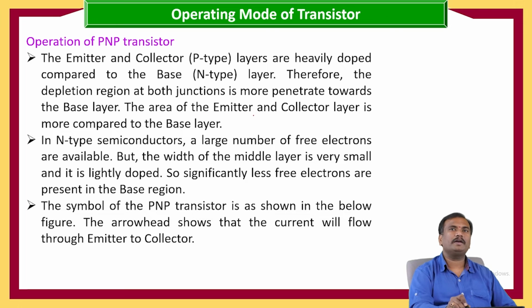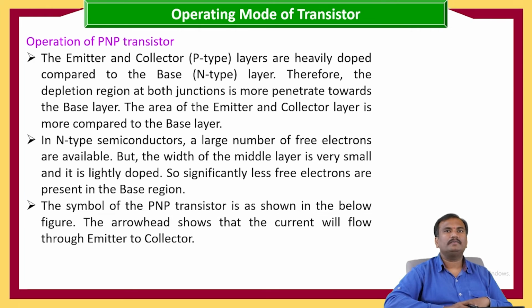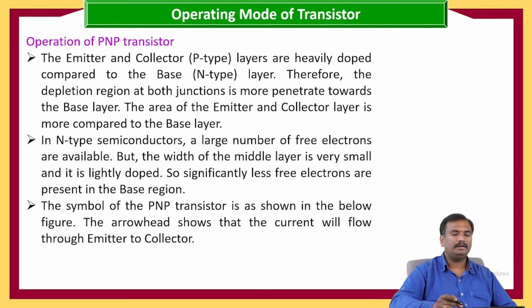The area of the emitter and collector layers is also more when compared with the base layer. In n-type semiconductors, a large number of free electrons are available, but the width of the middle layer is very small and lightly doped. So significantly fewer free electrons are present in the base region.